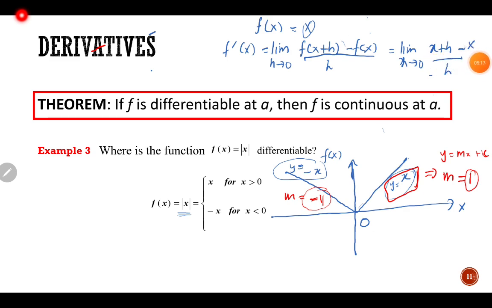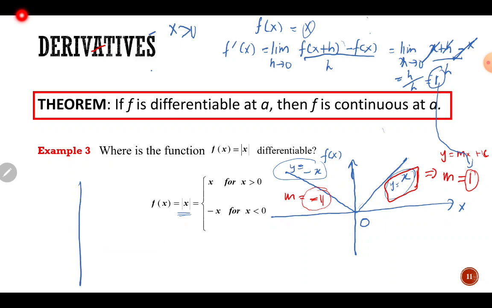We cancel the negative x with x. So we have h over h, and h over h equals 1. So this is the same as the f'(x) for x more than 0.